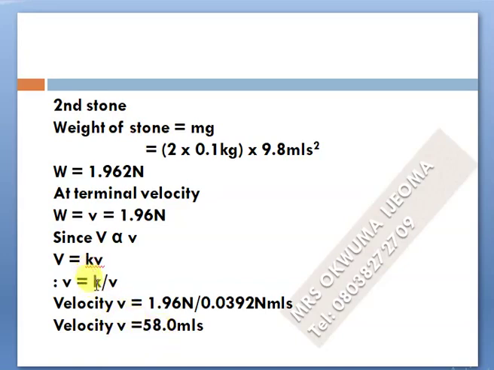Please, there is a little omission here. When I make velocity the subject, it will be equal to the viscous drag over K, whereby my viscous drag is 1.96 divided by our K, the constant we've gotten in the first stone, which is 0.0392, and that will give the terminal velocity of the second stone to be 58.0 meter per second.